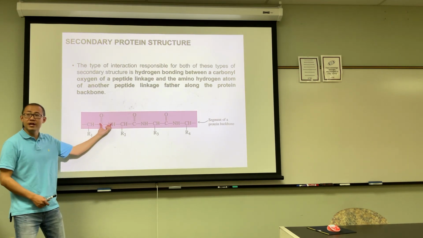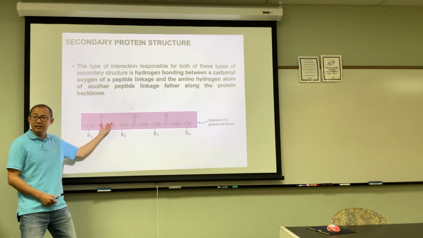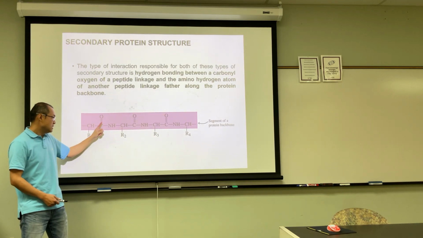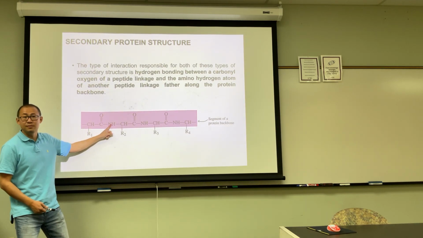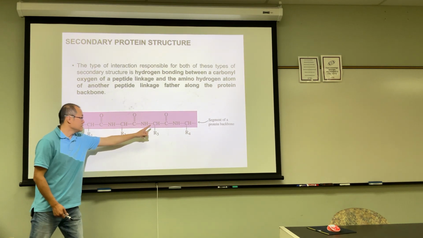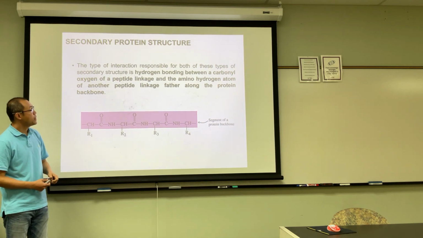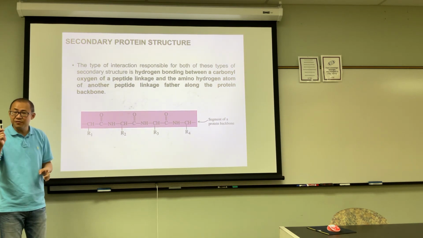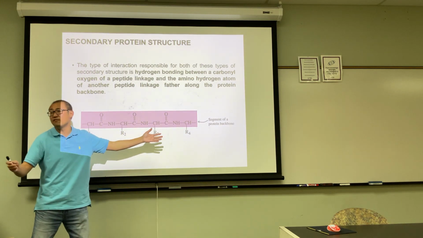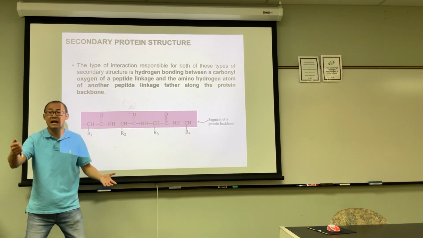And we know the peptide bond is basically an amide bond, right? What is an amide bond? C-O-N, and on the N there's a hydrogen. C-O-N is the peptide bond. Because the backbone has a lot of peptide bonds, if you have 100 amino acids, you have 99 peptide bonds.